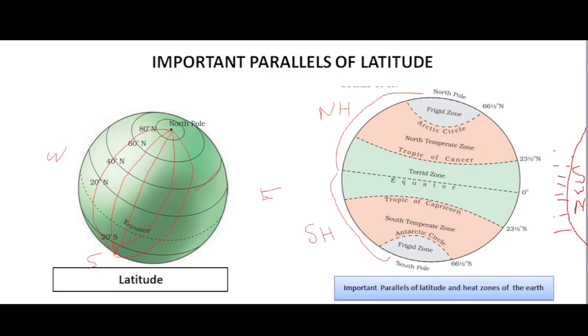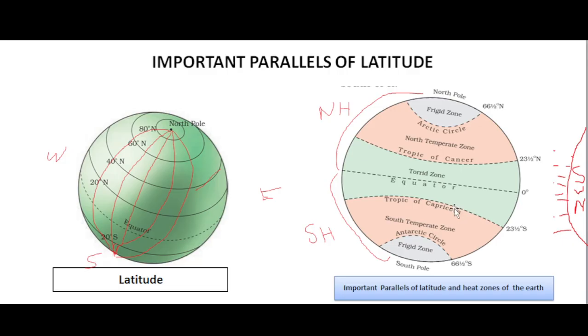And the Tropic of Capricorn, you can see, is in the southern hemisphere, at 23.5 degrees south. It is another parallel similar to the Tropic of Cancer, but in the southern hemisphere.